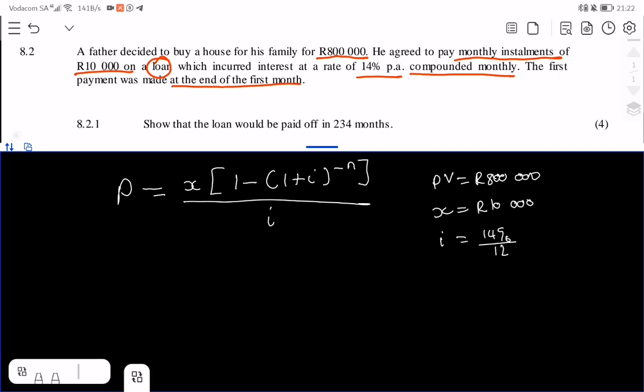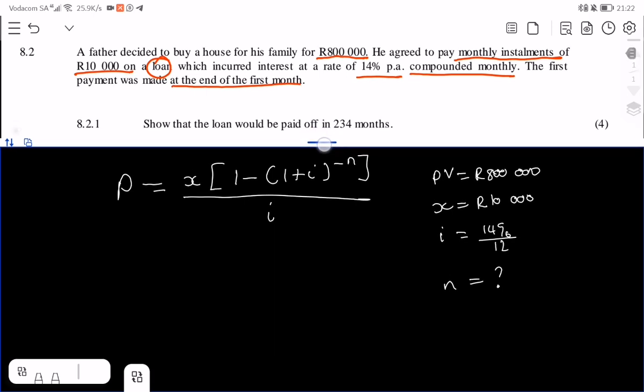The value of n is the one that we are calculating here, because they said show that the loan would be paid off in 234 months. We just need to prove that. So let's substitute whatever we are given into our formula.